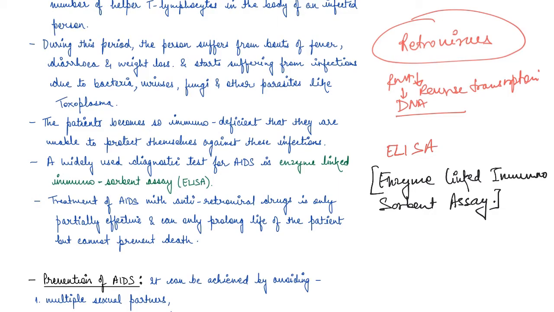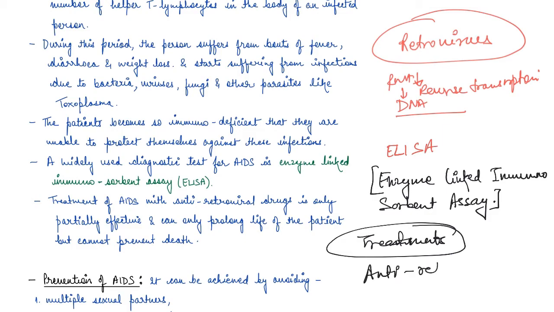Now, there are several treatments as well against AIDS. There are antiretroviral drugs, but they don't cure your disease. They are partially effective and can prolong your life if you have AIDS.